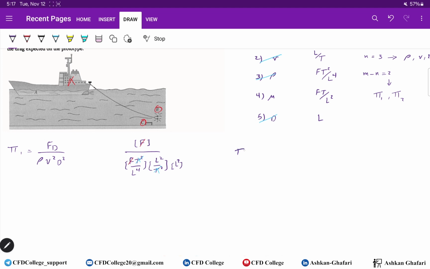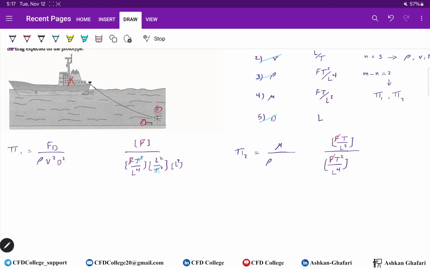The second one, pi 2 equals mu. The unit is F T over L square. So I should use rho here, F T square over L to power 4. F is gone.